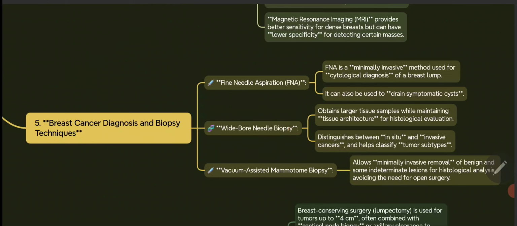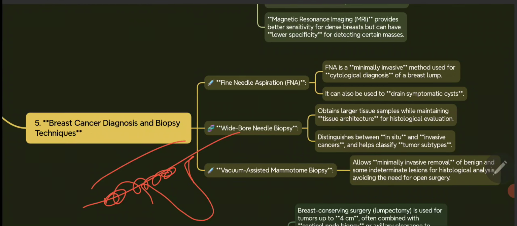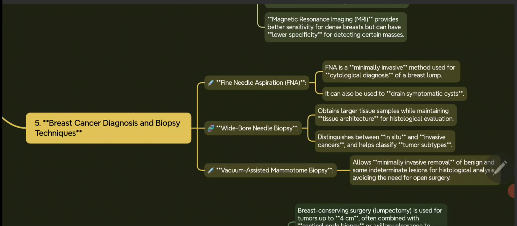It distinguishes between in situ and invasive cancers and helps to classify the tumor subtypes. Then the vacuum assisted mammotome biopsy allows minimally invasive removal of benign and some indeterminate lesions for histological analysis, avoiding the need for open surgery.